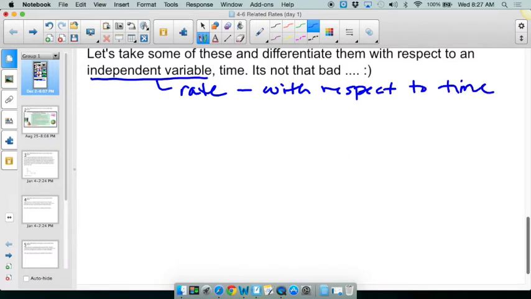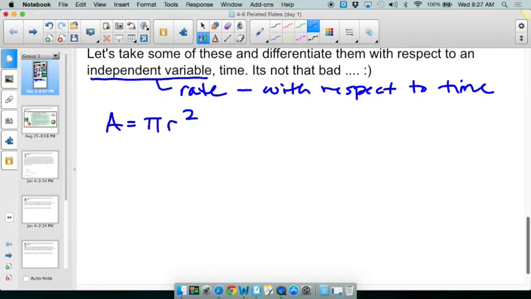Okay, so did you see the variable t in any of those equations? Nope. So when we take the derivative of any of those equations, we're taking it with respect to an independent variable, which means we need to do implicit differentiation on every variable. So let's try this with area of a circle.